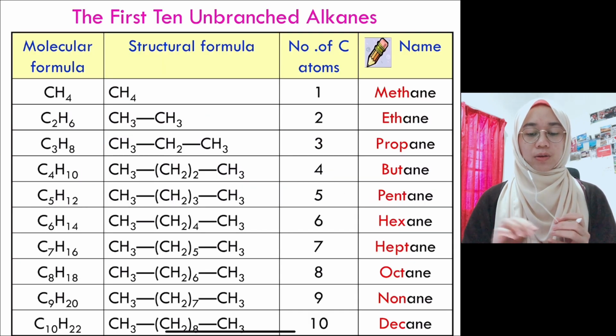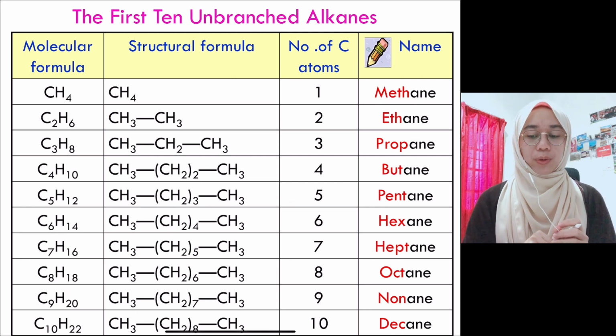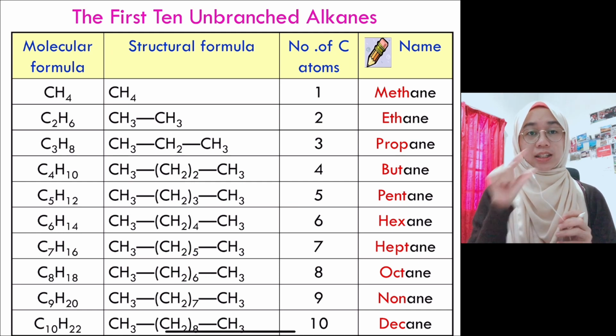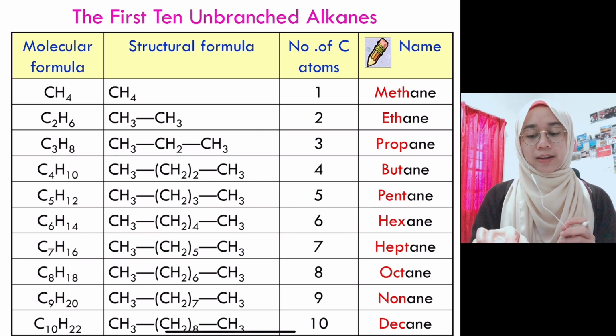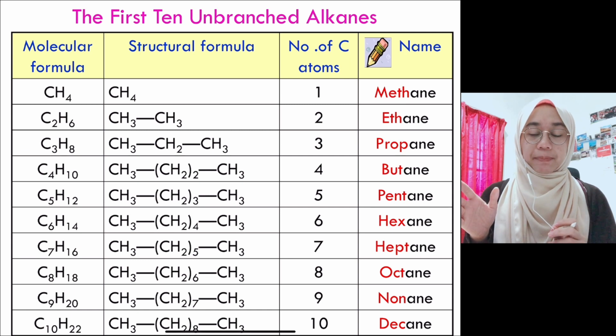Okay, so for the first 10 unbranched alkanes, the following are the names. Unbranched ni bermaksud tak ada branch langsung, straight chain sahaja. I hope by now kita refresh balik benda yang kamu belajar daripada high school.